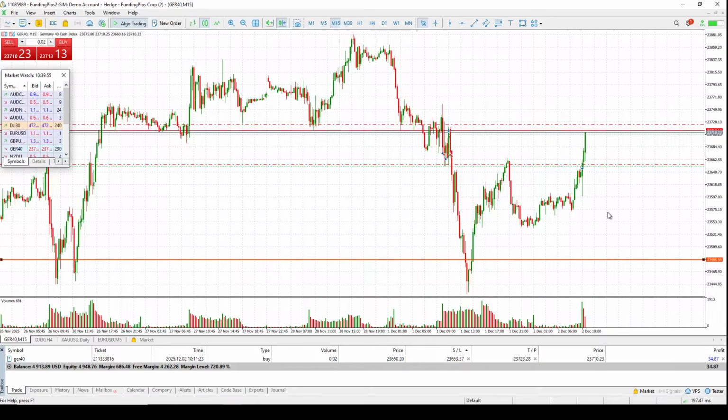We are almost there. One more push. Actually, we are approaching this level. You might call it resistance or support.